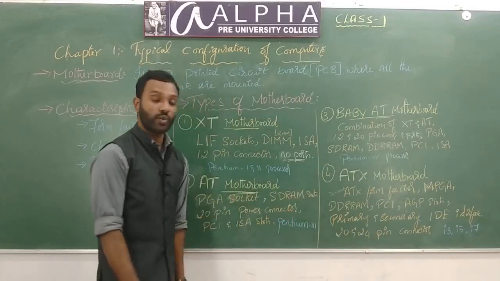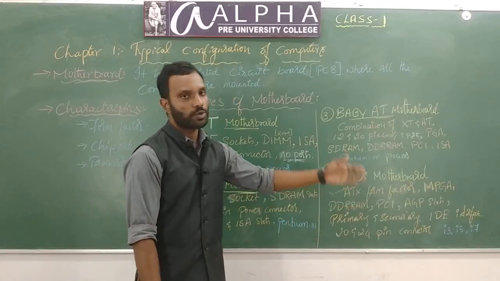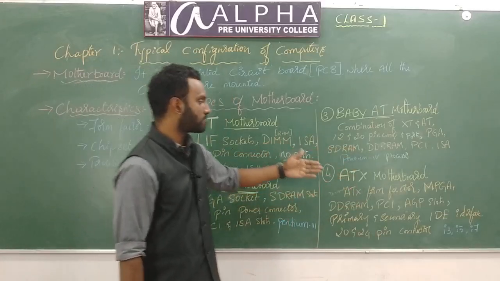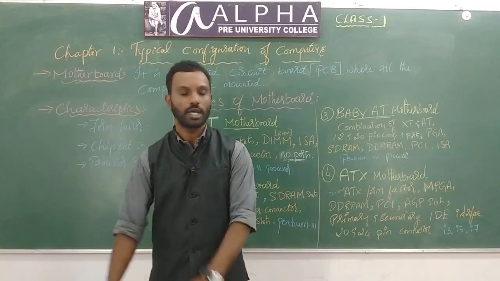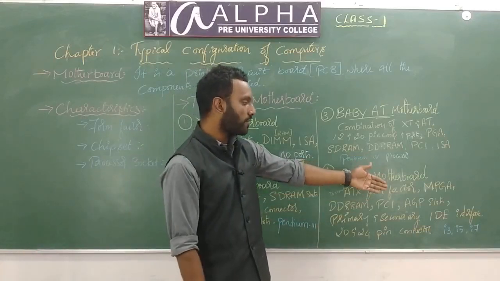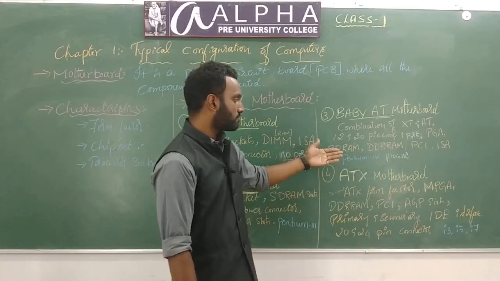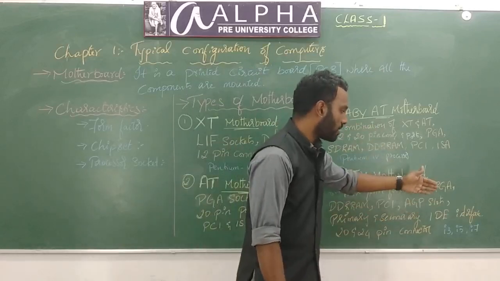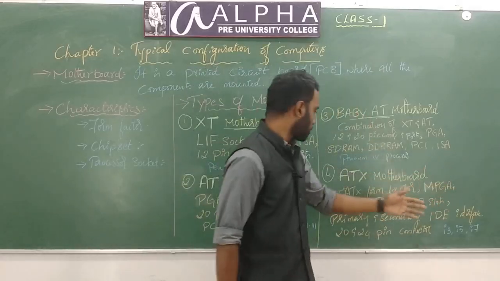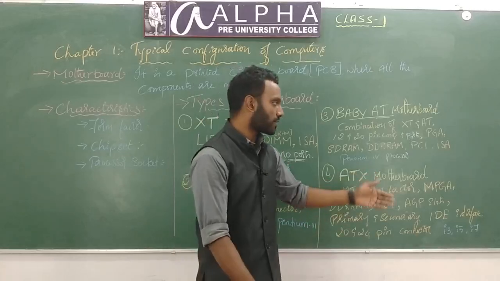It also had 20 and 24 pin power connectors. For examples of ATX motherboards, you can go with the latest processors, i3, i5, i7, dual core, and you can come up with any examples, these being the latest versions of processors.